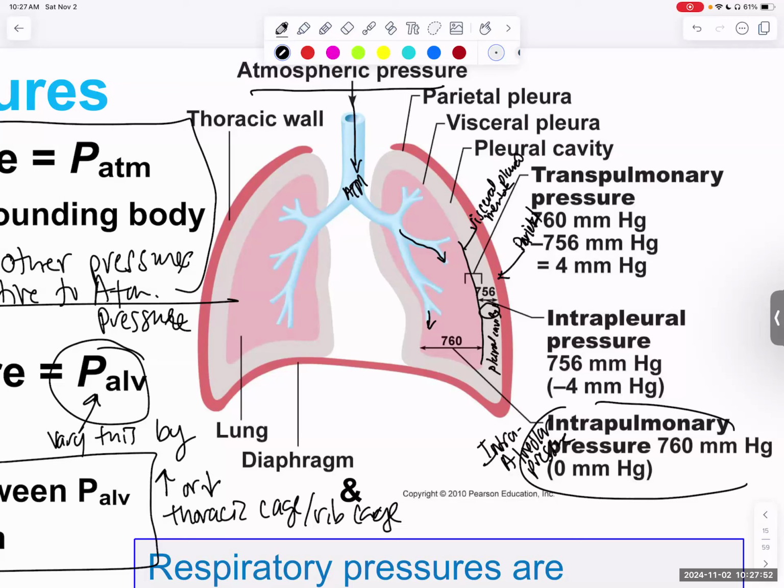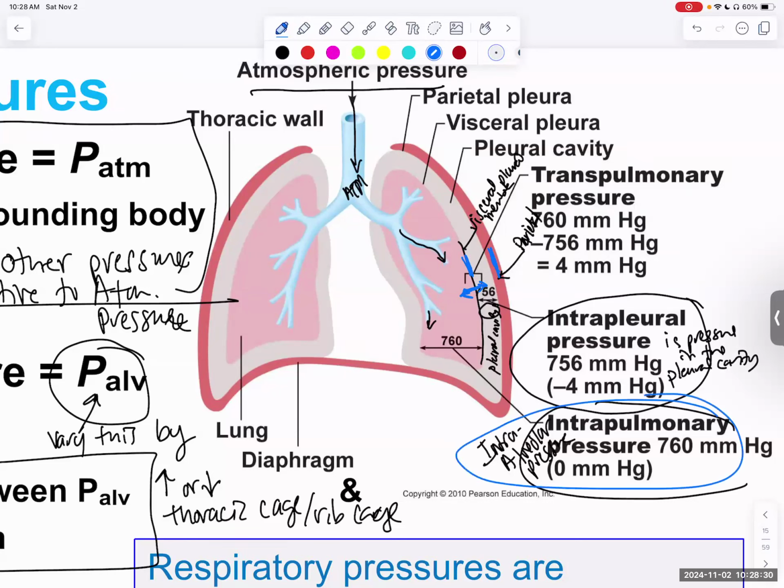And so the intrapleural pressure is pressure in the pleural cavity between the visceral pleural membrane here and the parietal pleural membrane here. Then you have transpulmonary pressure, which is the pressure across this wall here. We're going to focus mainly on atmospheric pressure versus intrapulmonary or intraalveolar pressure.